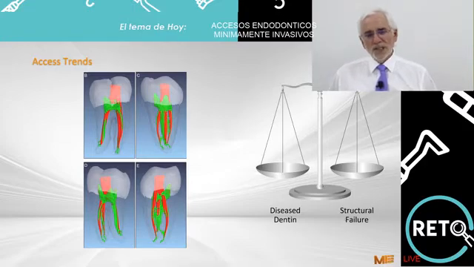So when you're looking at this from a standpoint of access, it's not so much access that causes the problem, it's just our inability to deal with a three-dimensional canal with literally a two-dimensional rotating file that has a round blank. So it's got a solid core. And this, if nothing else, is leading us to the GentleWave era, where if this is what we can achieve with our instrumentation, it's really irrelevant because GentleWave will ensure that whatever residual contents of the root canal space are present, they will be eliminated.